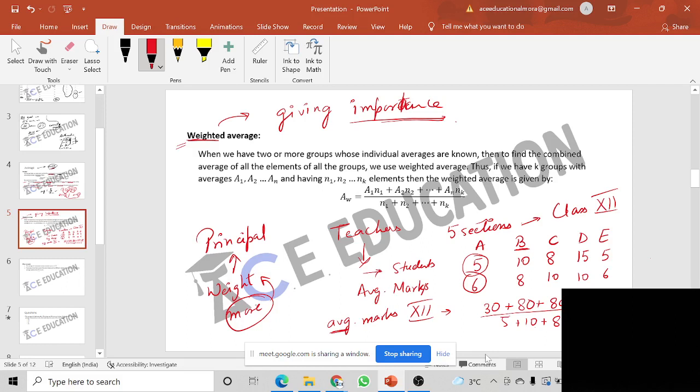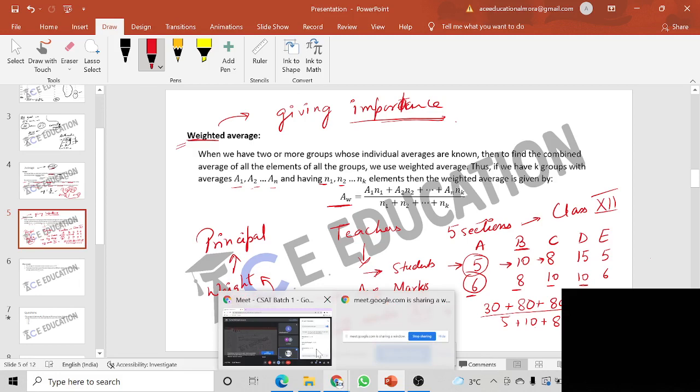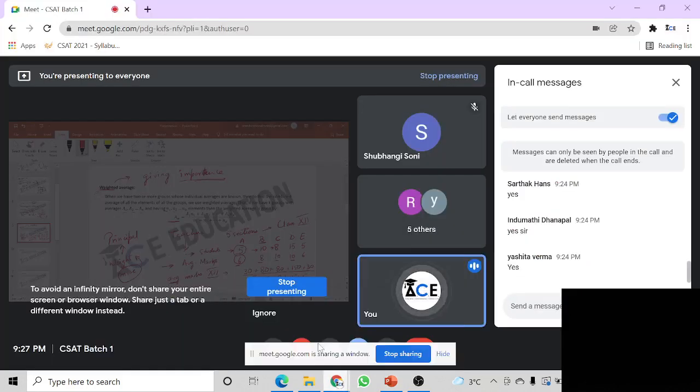They have a different number of students, so I have given the importance accordingly. In the formula, A1, A2, A3 and so on are the averages, which here are our average marks, and N1, N2, N3 and so on are the weights. Hence my net average formula becomes the sum of the products of the top two, divided by the total number of people. Is this a little more clear?